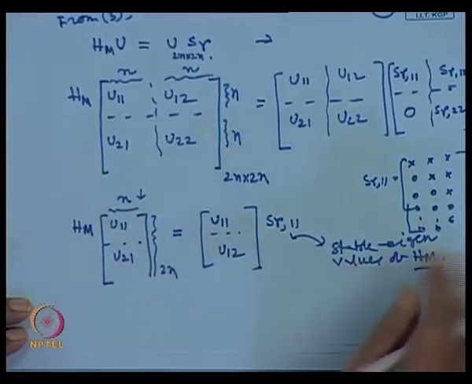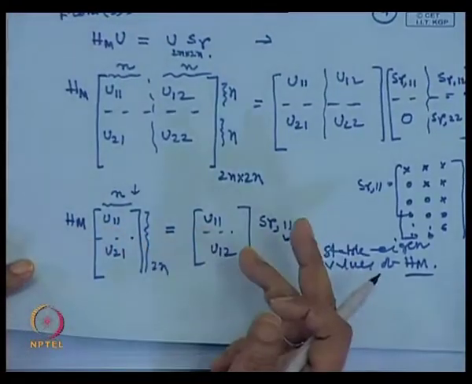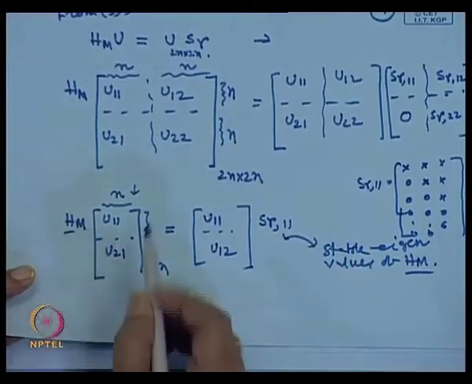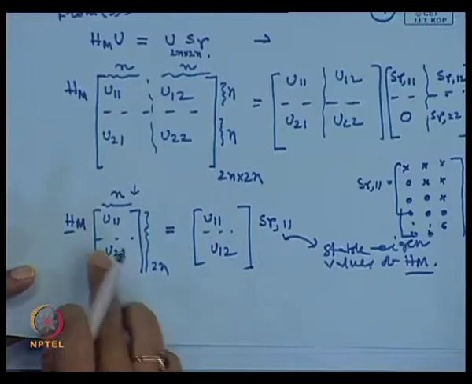So, you have partitioned this one and we have proved this. With the knowledge of eigenvalues and eigenvectors of the matrix, we can get the solution of the algebraic Riccati equation. Once I know the eigenvectors of the H m matrix, then I can find the solution by using the method we have discussed in method 2.